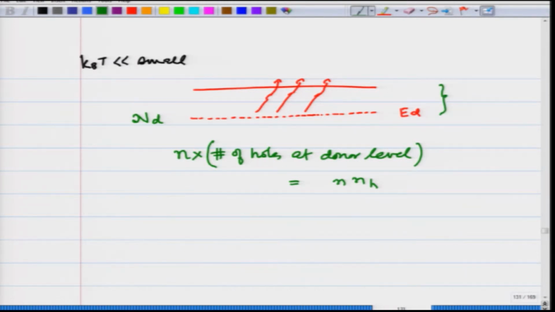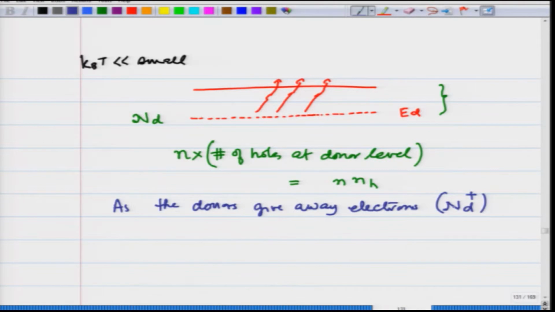If I do that, what I should have is, as the donors give away electrons, I am left with ND plus, the donors that have ionized holes.